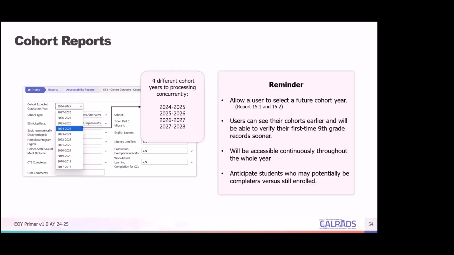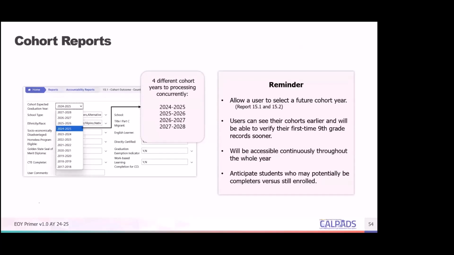So in reviewing your cohort reports, you can identify potential dropouts based on exit reason codes and possibly clear up any discrepancies when you do identify those dropouts. Your 24 to 25 counts won't be complete until all of your students have exited this year, but you can catch students who have left already and who have continued their education but have gone unreported in CALPADS.